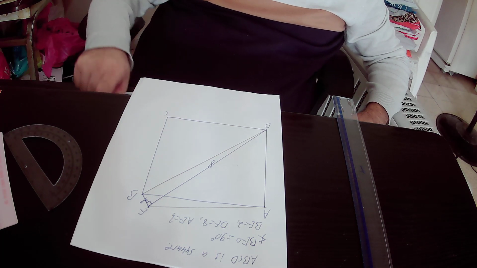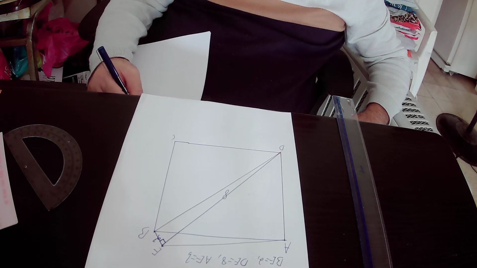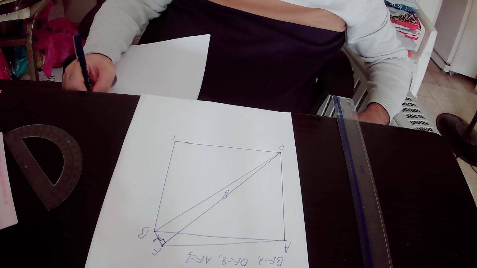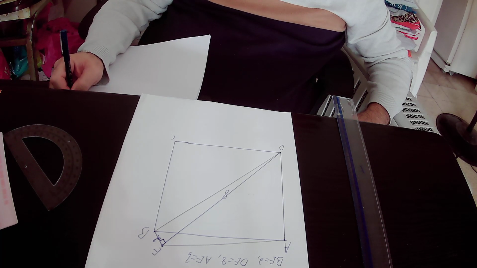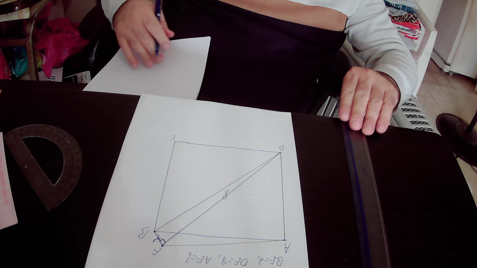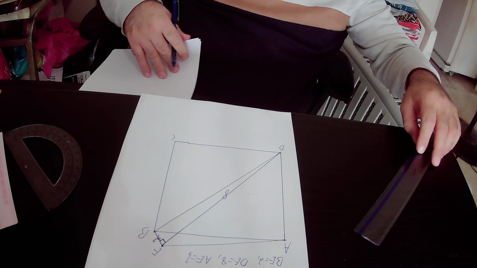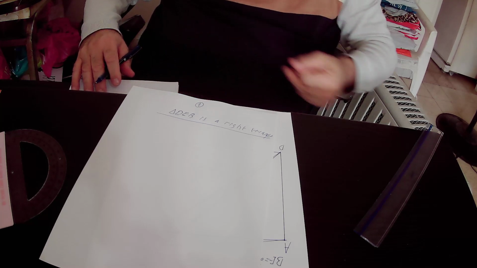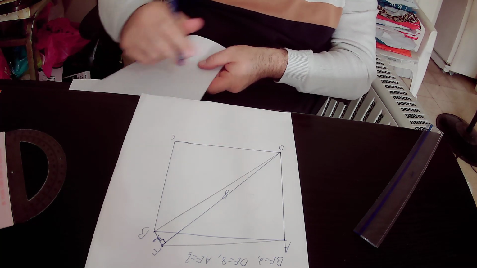Triangle DEB is a right triangle. So triangle DEB is a right triangle, therefore we can implement the Pythagoras theorem in the right triangle DEB.